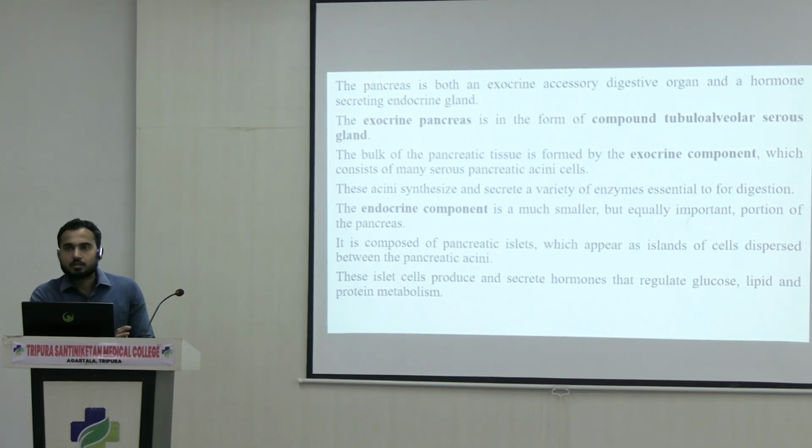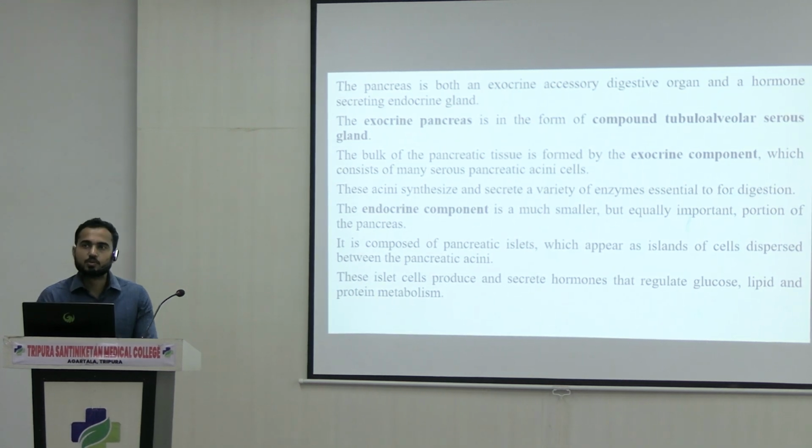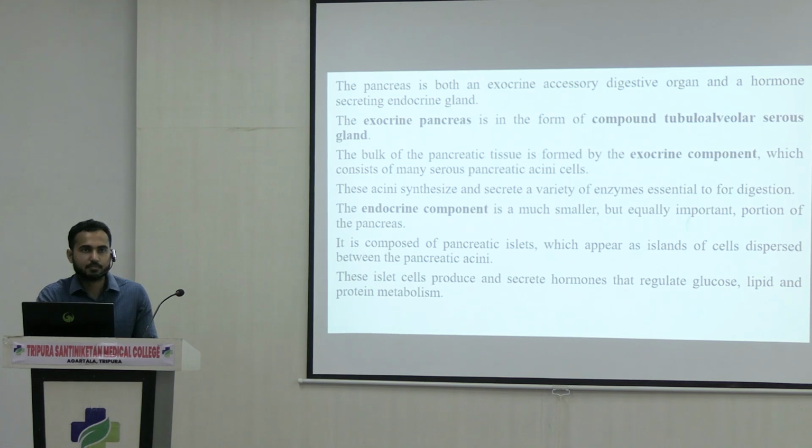Now, if you see the exocrine component, mainly they are made up of serous acini, in which the acinar cells are there. From those acinar cells, the secretions are taking place, that means the enzymes which are secreted. In the exocrine part, mainly the pancreatic enzymes are present, and from the endocrine part, hormones are secreted.